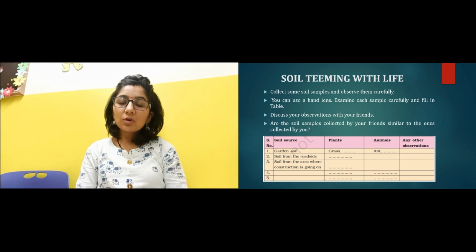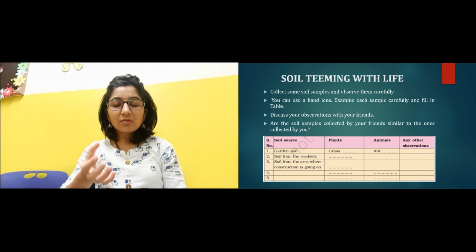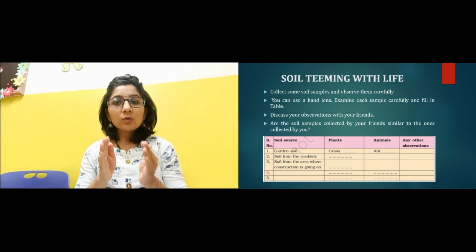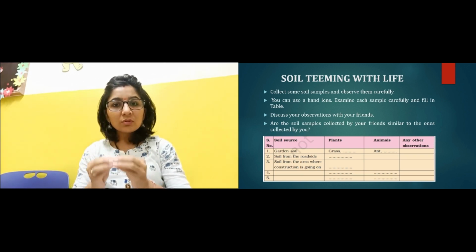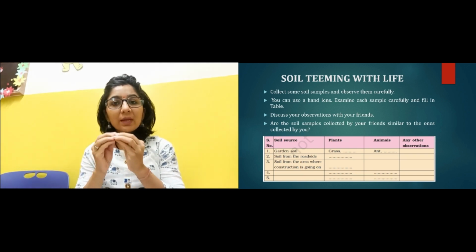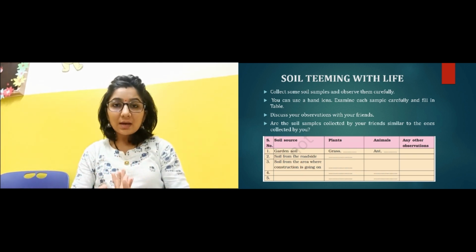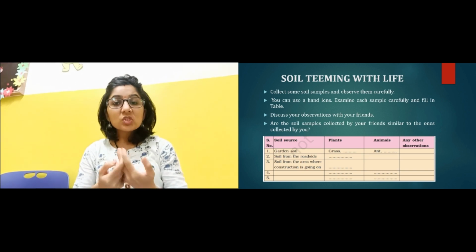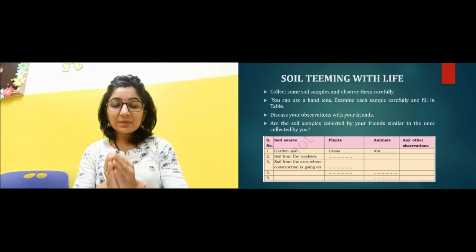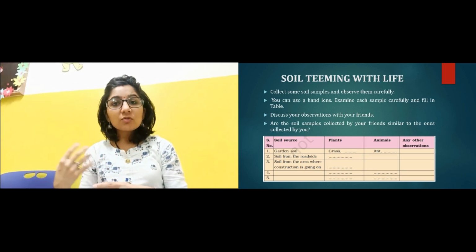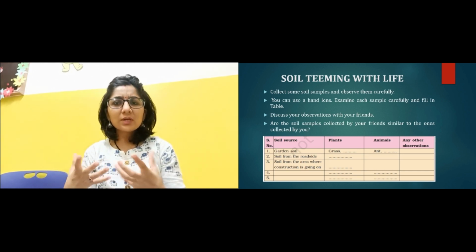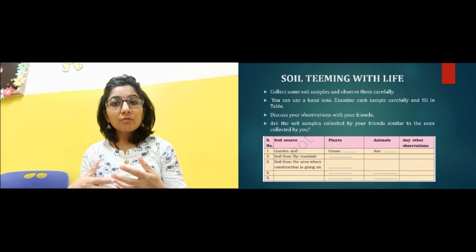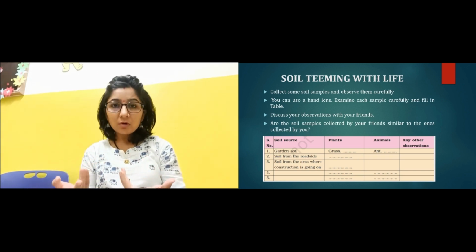Then after collecting that soil, you need to fill this table which is given. If you have taken soil from a garden, then you have to just note down which plants grow in that specific soil, which kinds of animals are seen over there, like ants, snakes, or rats, and what kinds of earthworms would also be there.